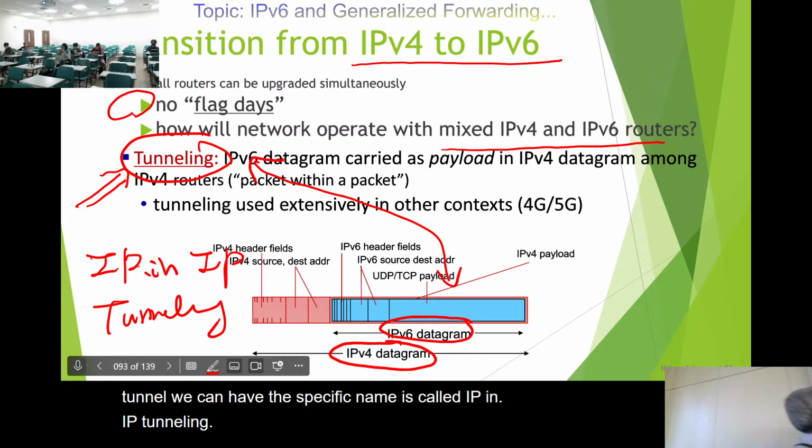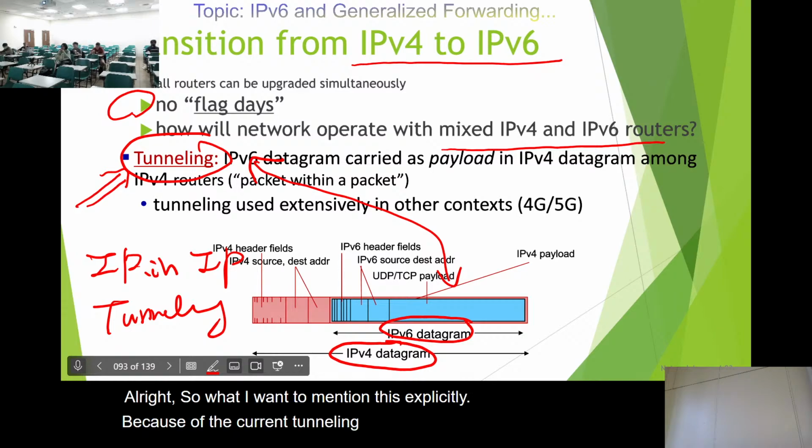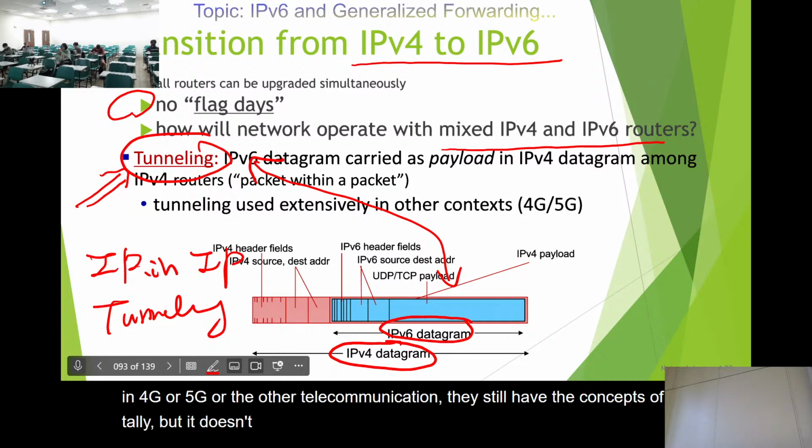All right, so why do I want to mention this explicitly? Because the current tunneling is in fact the IP in IP tunneling. However, in 4G or 5G or other telecommunication, they still have the concept of tunneling, but it doesn't mean they use IP in IP tunneling.